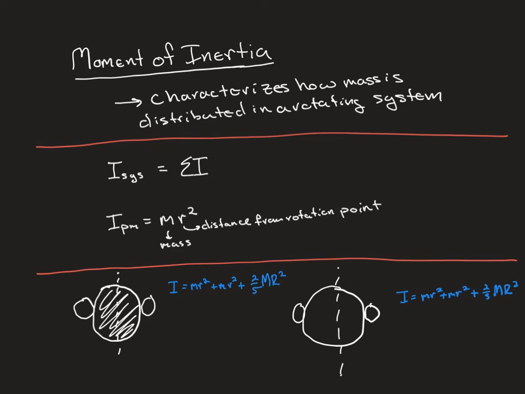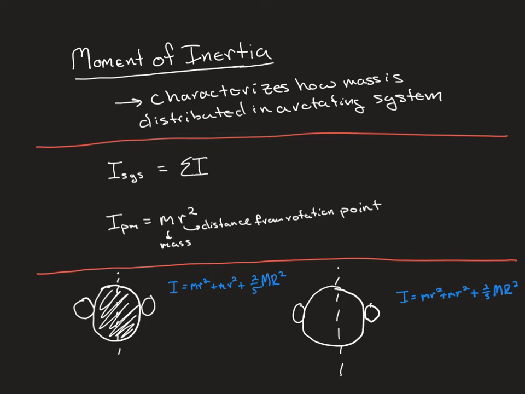At the bottom here we have a solid sphere with 2 point masses attached. So since we need to sum all of our moments of inertia, I first added in the 2 point masses, and then I went to the table provided in the constants link in Blackboard, and I found out that the moment of inertia equation for a solid sphere is 2/5 MR squared, where in this case the capital M is the mass of the sphere itself, and r is its radius.